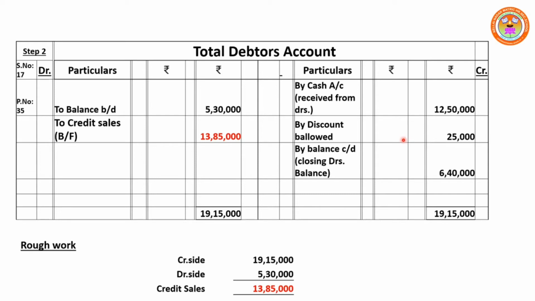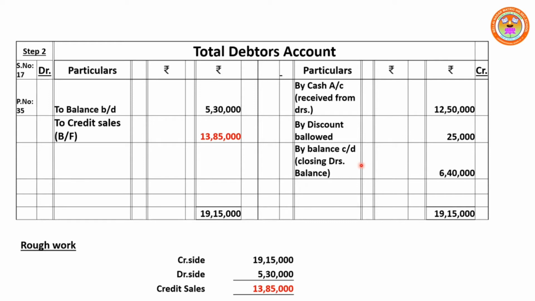Recall the formula: discount allowed, sales return or return inwards, then bad debts. In this question, discount allowed is given, 25,000. No bad debts, no sales return, so skip those items. Then the last one, by balance c/d, closing value of debtors, year end.